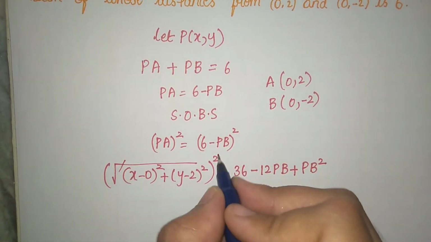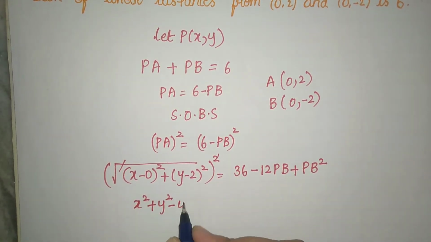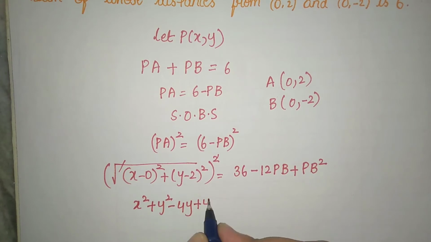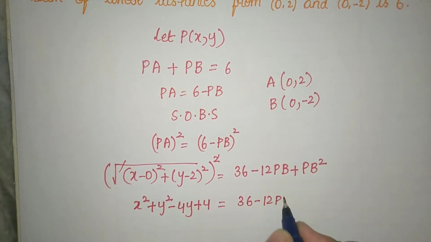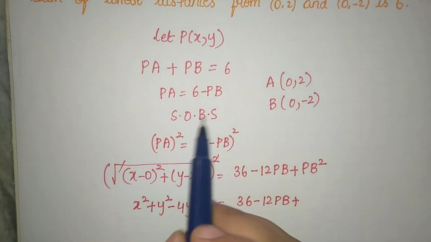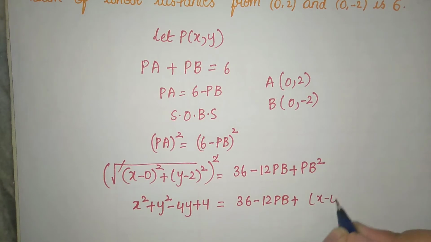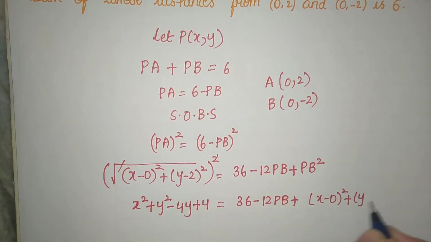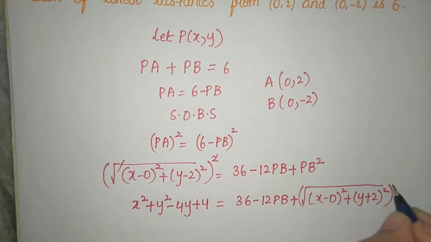So here square and root will get cancelled. x square plus y square minus 4y plus 4 is equal to 36 minus 12 PB. So find the distance between P and B: (x minus 0) whole square plus (y plus 2) whole square, under root, and we have whole square.